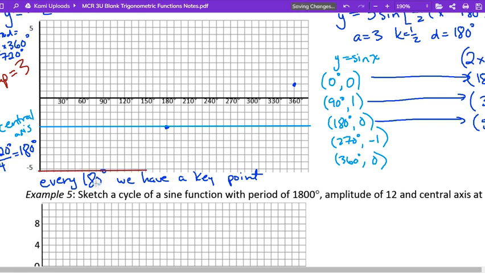Okay, next, I need to know where. So we said every 180 degrees, we get another key point. So if the last key point was at 180, where will the next key point be? Take away 180 at 0, meaning this is my next key point. That is, I'll write it here, 0 degrees, -5.